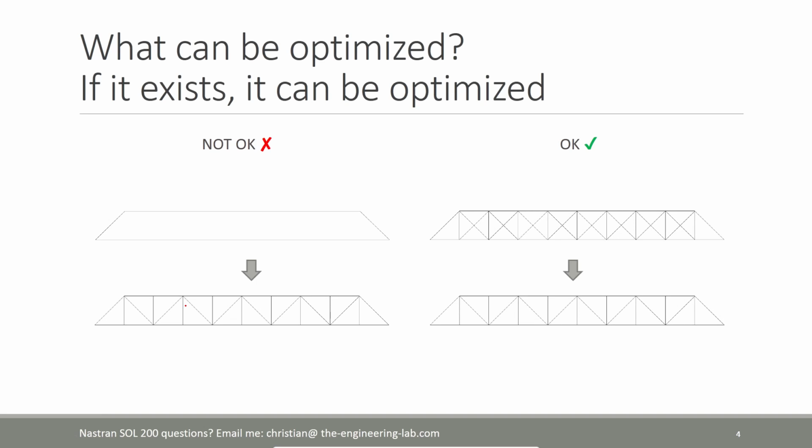They have to already exist. On the right hand side, this finite element model has the elements that already exist, so the optimizer can optimize those members. Again, if the entity does not exist, it cannot be optimized. But if it does exist, you can augment it, you can change it, you can improve it.